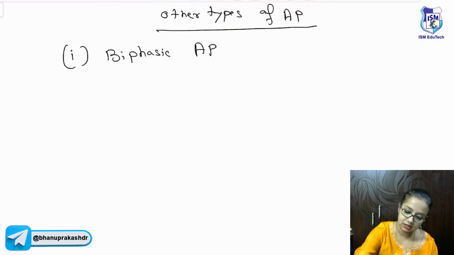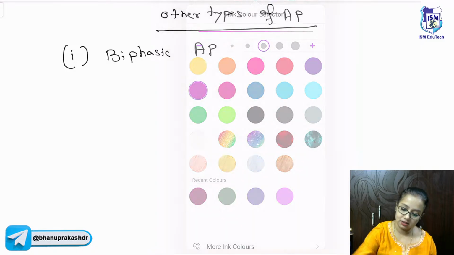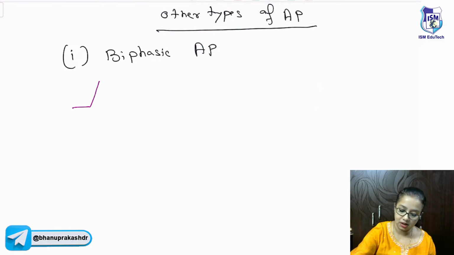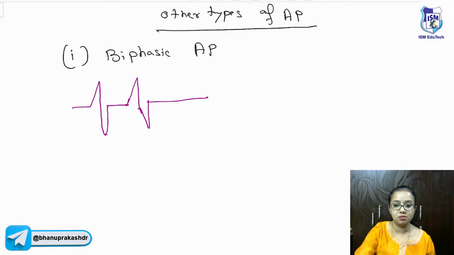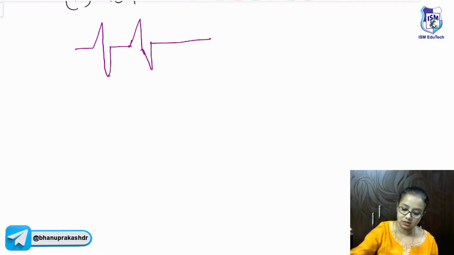It can be both above and below the line. The action potential can have a wave both above the isoelectric line like this one and also below the isoelectric line. So it is called the biphasic action potential.